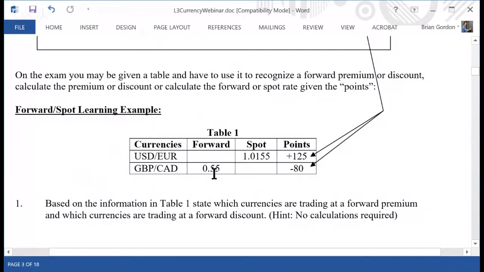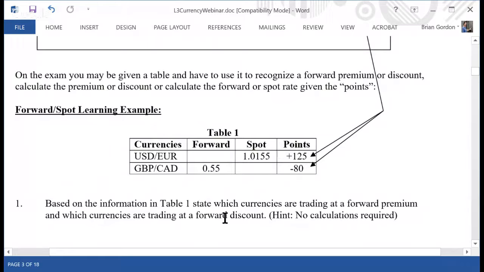Could you calculate the forward exchange rate? Sure. The forward exchange rate is equal to the spot, which is 1.0155 in this case, plus the points. The points are 125, and these points are scaled by 10,000. When we do the calculation, we find that the forward is 1.028, and now we can work from here.